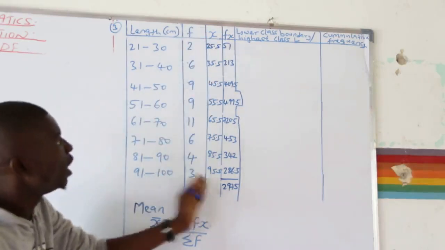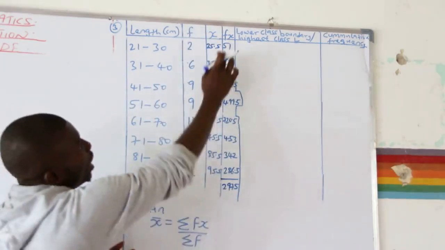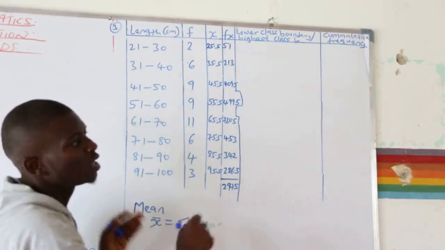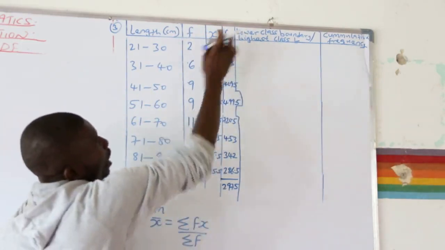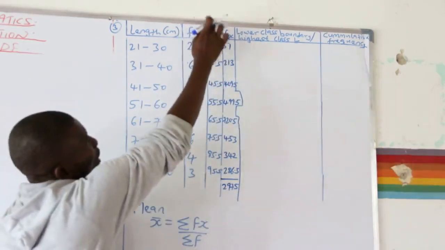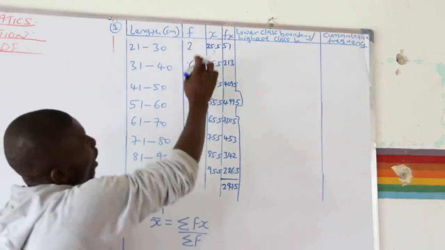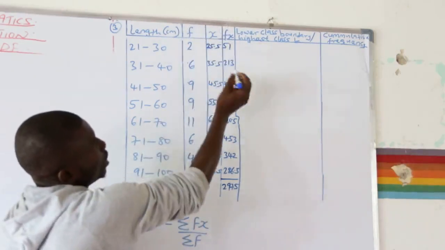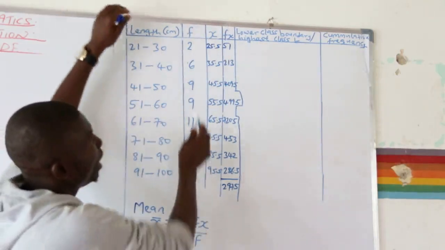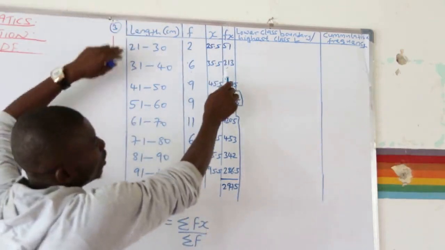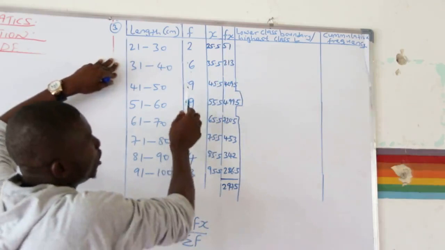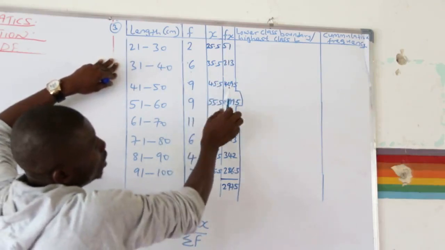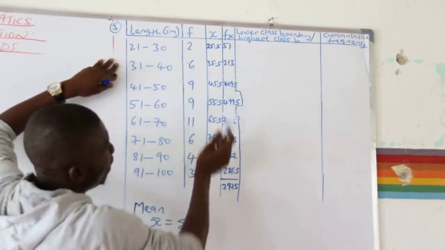So this is how you get the value of x. Now the next column is fx. What is the meaning of fx? You multiply f times x. These are our f and these are our x. If you multiply 2 times 25.5, it gives us 51. Multiply 6 times 35.5, it gives 213. Multiply 9 times 45.5, it gives 409.5.